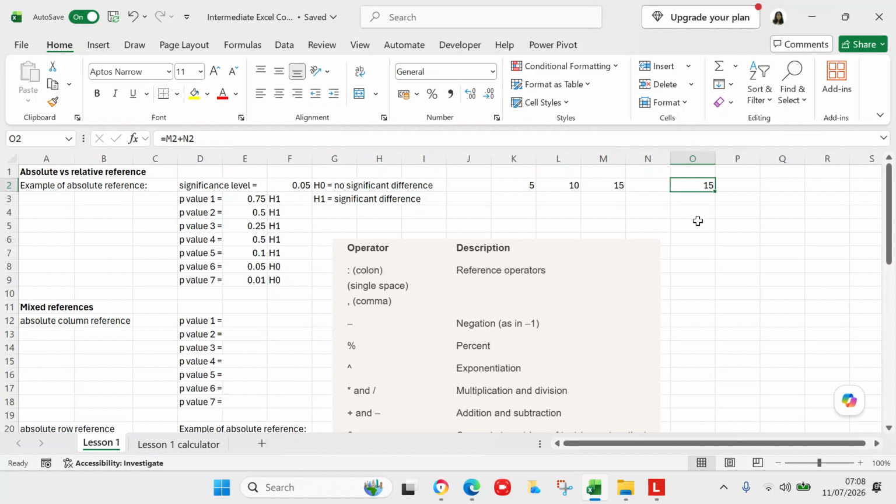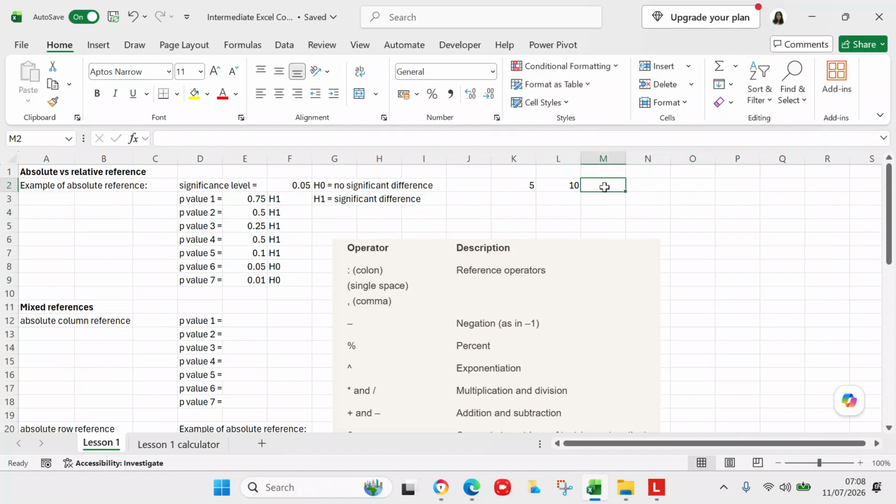That's M2 plus N2, which is also 15. But what we're going to do here is clear M2. When we've cleared M2, you get a value error. What the value error is telling you is there's not anything in M2 and N2. But let's just clear this.